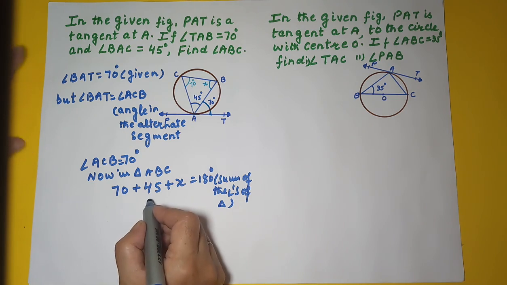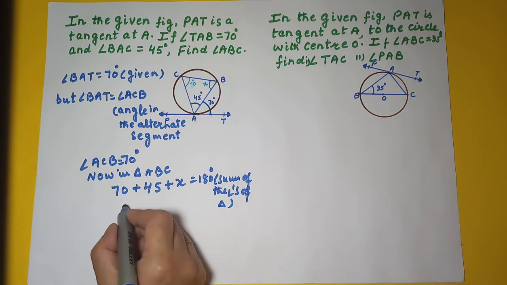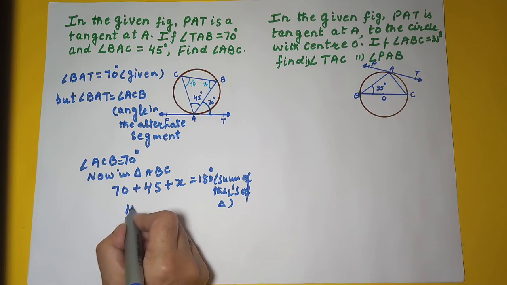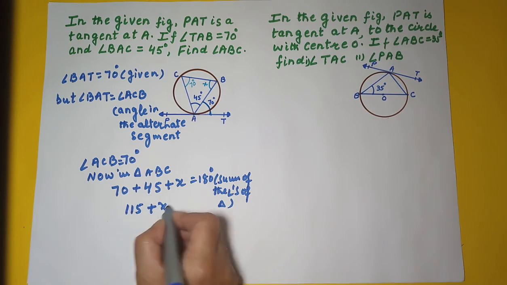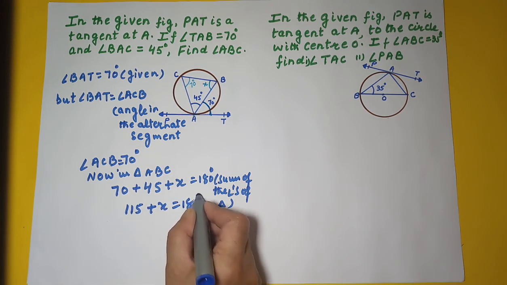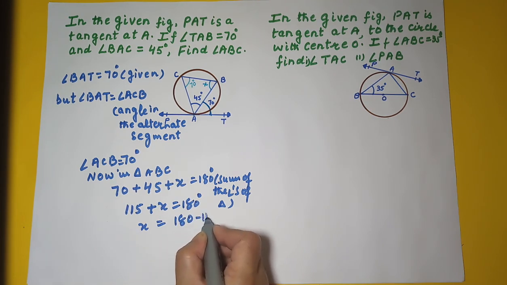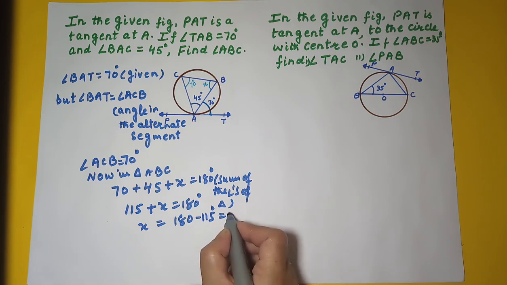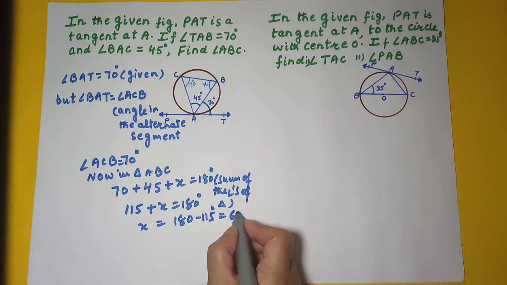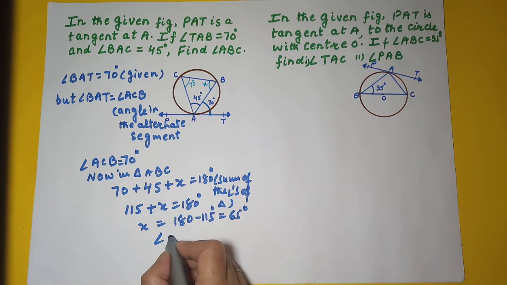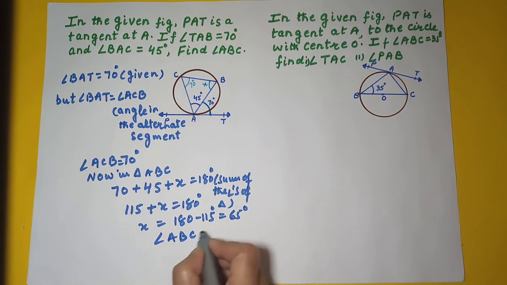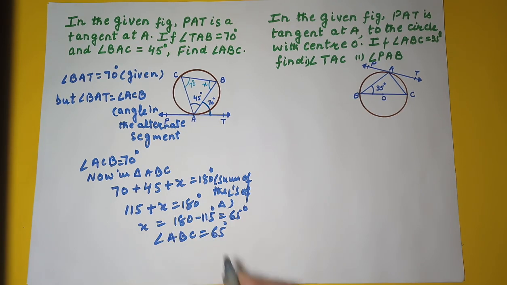So 70 plus 45 is 115 plus X is equal to 180. So your X is equal to 180 minus 115, which is equal to 65 degrees. So your angle ABC is equal to 65 degrees. So you have calculated this angle.